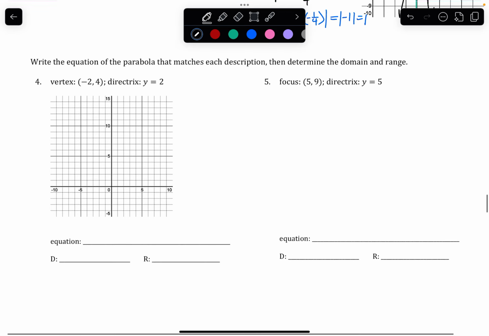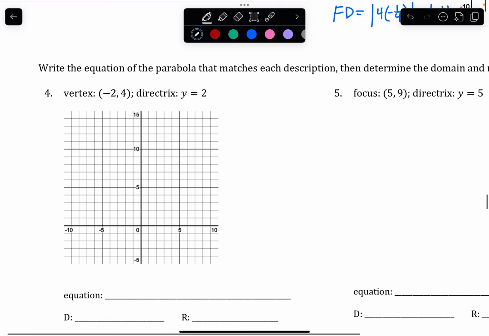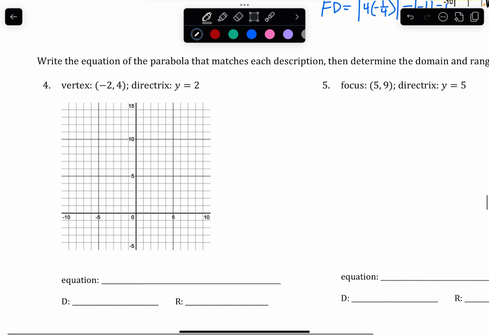All right, for the last two, they are giving us information, and then we are writing the equation. And so they're telling us the vertex is -2, 4. And the directrix is y equals 2.